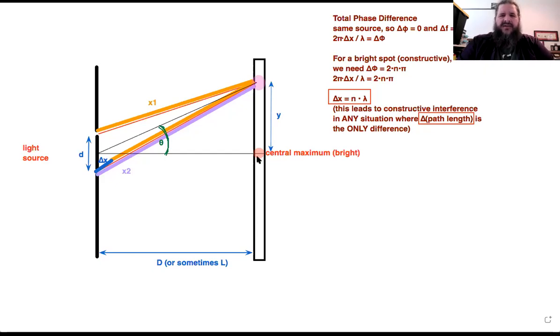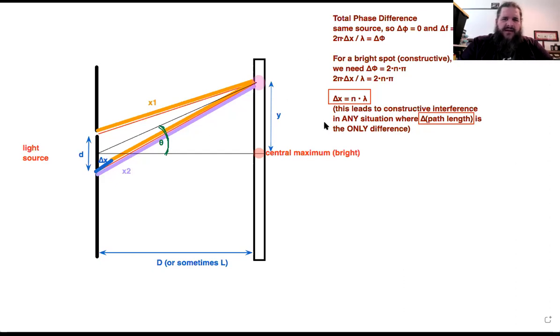But all that really does is reverse the pattern. Everything that was a bright spot becomes a dark spot, and everything that was a dark spot becomes a bright spot. But let's assume for the moment that this is unaltered, that nothing is changing the phase. In order to find delta x in terms of everything else, it helps to establish an extra triangle here. I'm going to put in one more line.